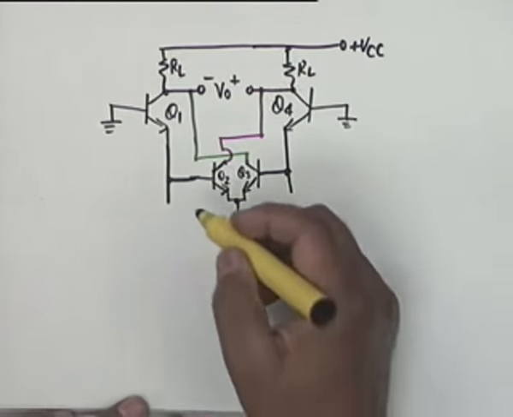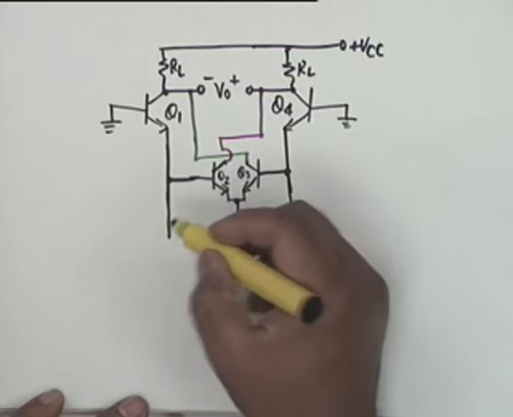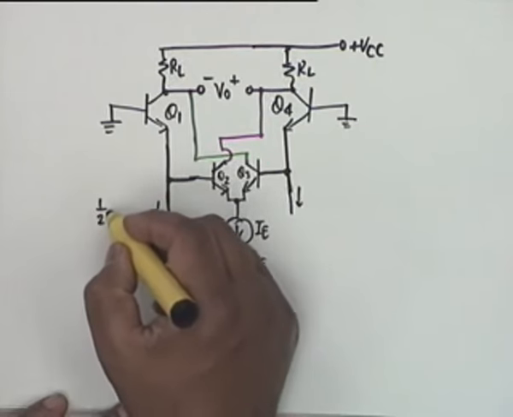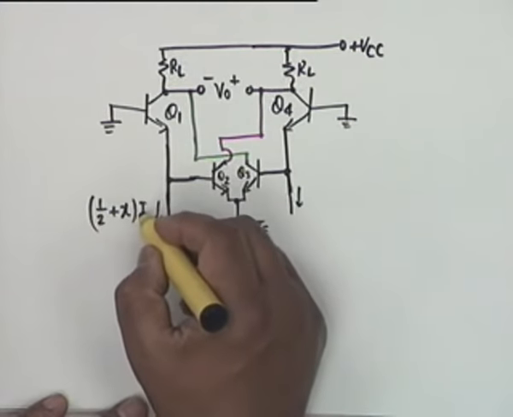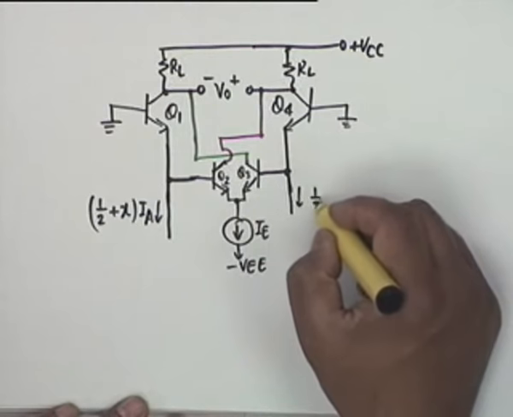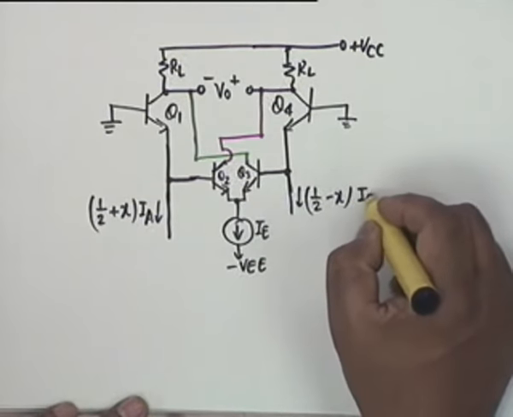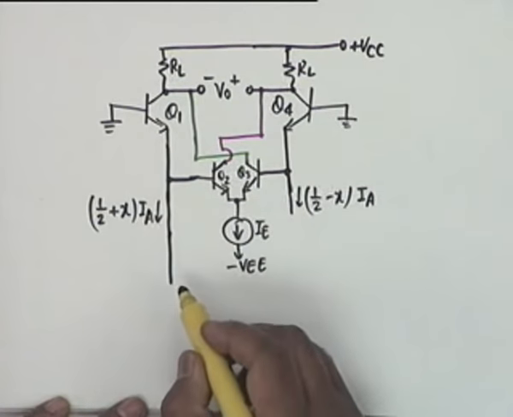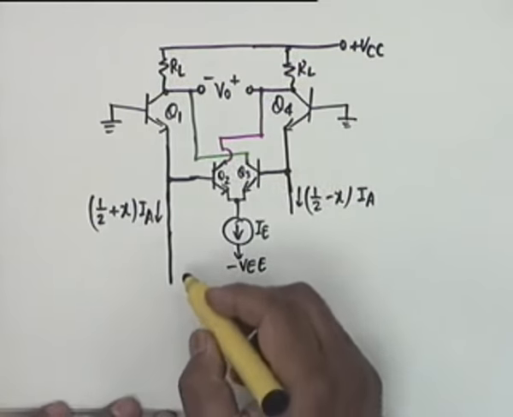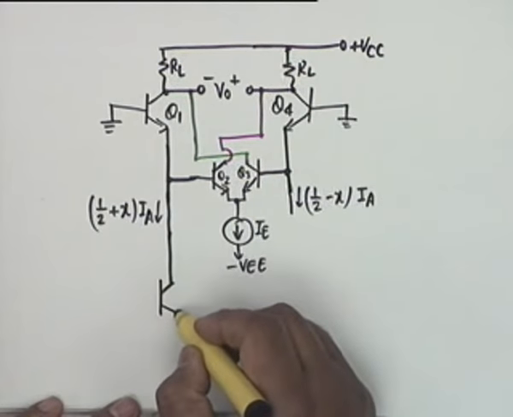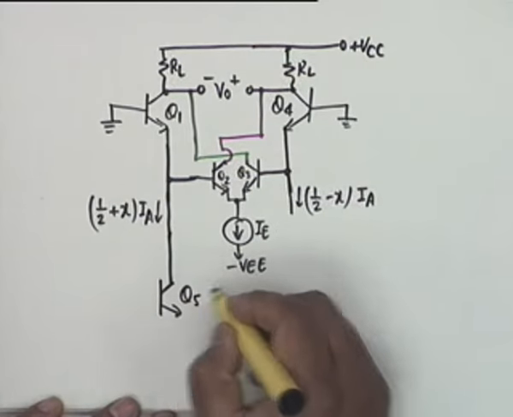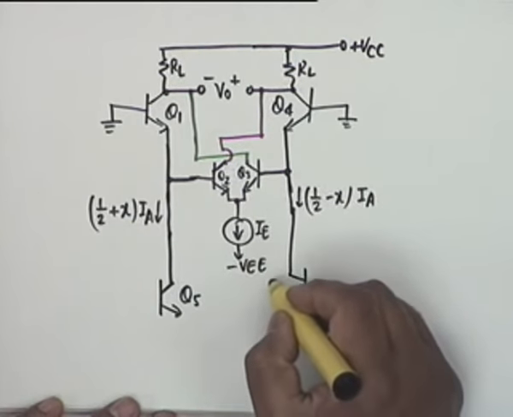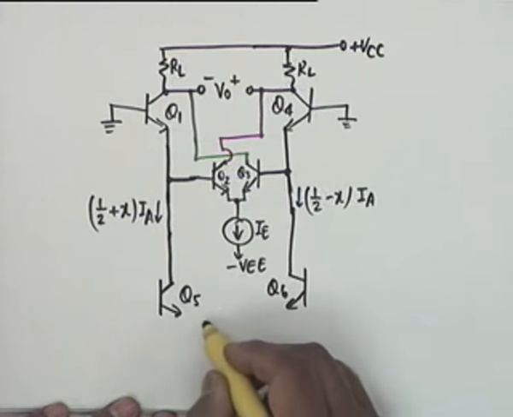Okay, this is the criss-cross connection, and these are the currents which are half plus x IA and half minus x IA. These are the two currents, and these currents are derived from a voltage to current converter, and it is like this. You have two transistors Q5 and Q6.